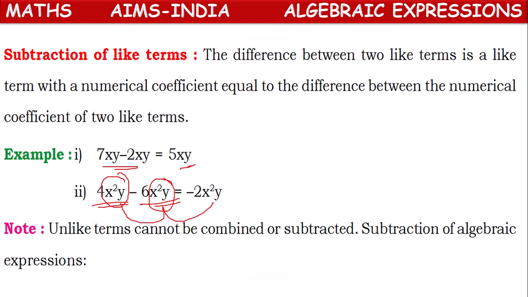So for the result also, x square y will come as the literal factor, and the numerical coefficient will be the difference of these two, 4 minus 6, which is equal to minus 2. So this is the answer. In this way, we can do subtraction of like terms.